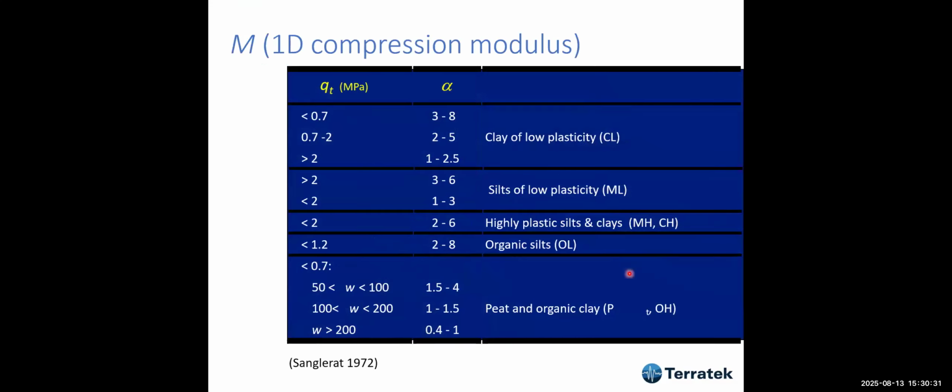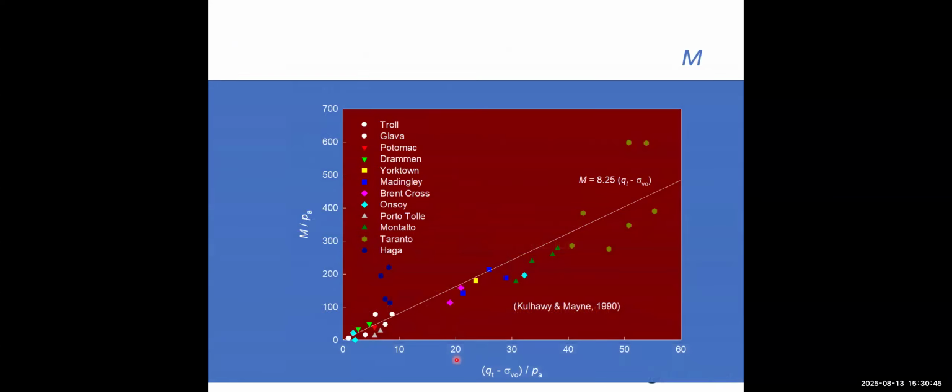And this is a kind of correlation that was proposed by Sanglerat many years ago in 1972 for different types of soils. But everything is built into the program. Provided you use a good program, you don't have to care about this correlation because they have that built in.